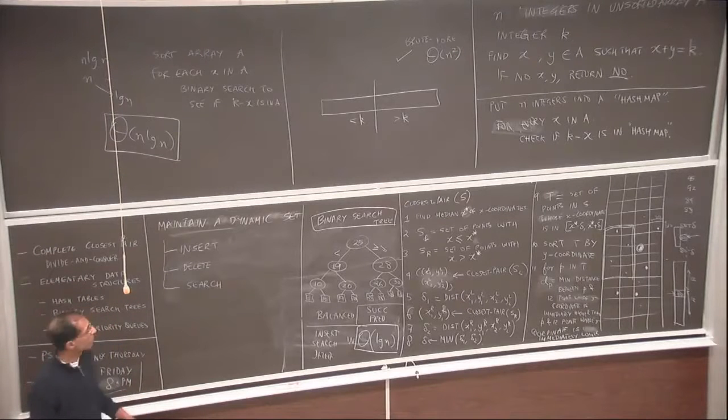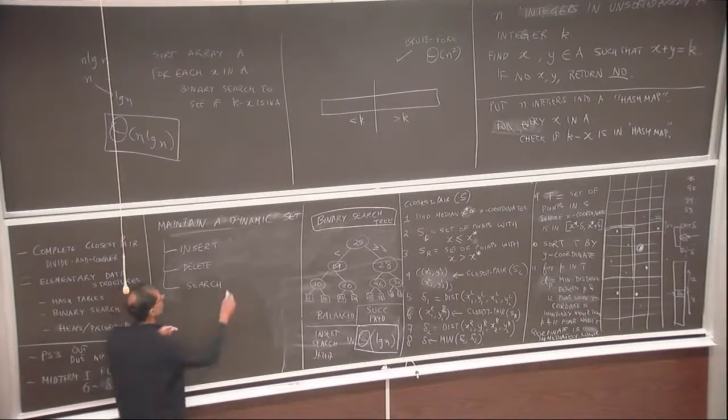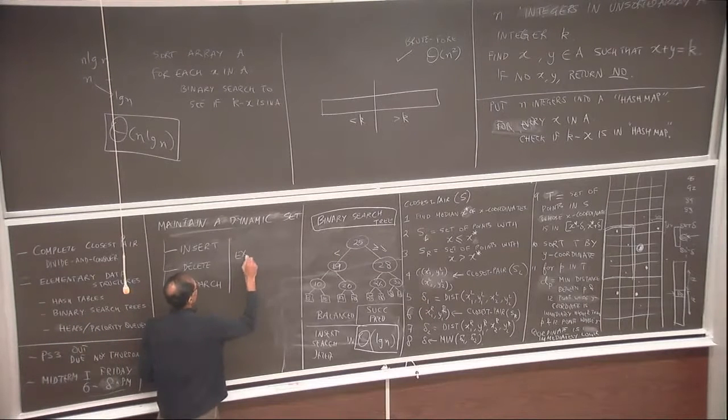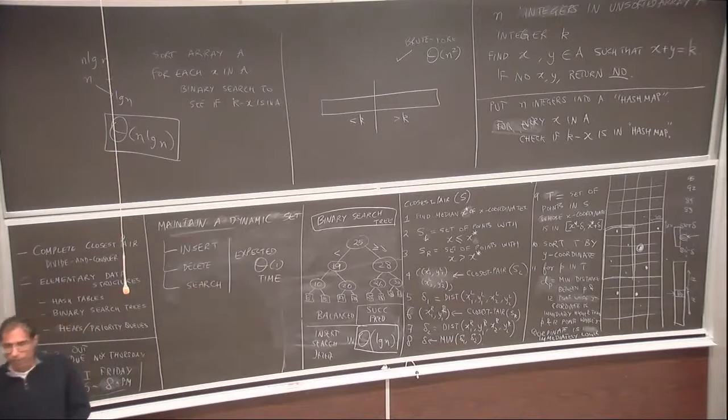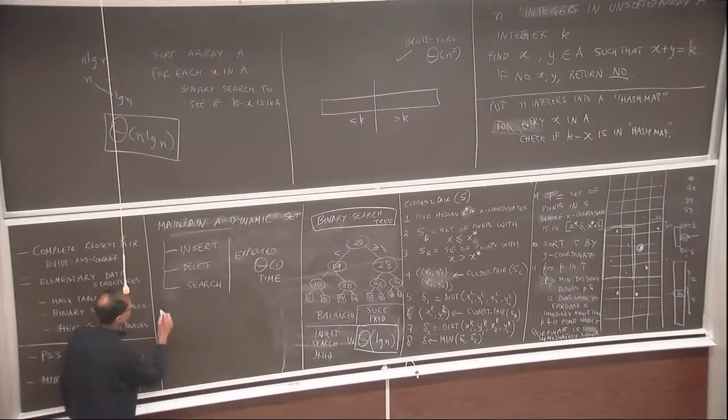This is exactly where a hash table works better. A hash table will allow you to do insert, delete, and search in expected Theta(1) time. What does expected mean? This is the expectation of random variables, basic probability.